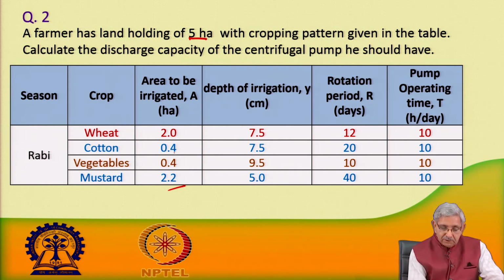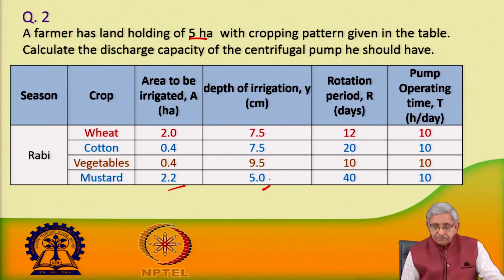This 5 hectare is distributed among different crops, and each crop requires a certain depth of irrigation, given corresponding to each crop. Then the irrigation interval, that is the rotation period, is given as 12 days for wheat, 20 days for cotton, 10 days for vegetable and 40 days for mustard.